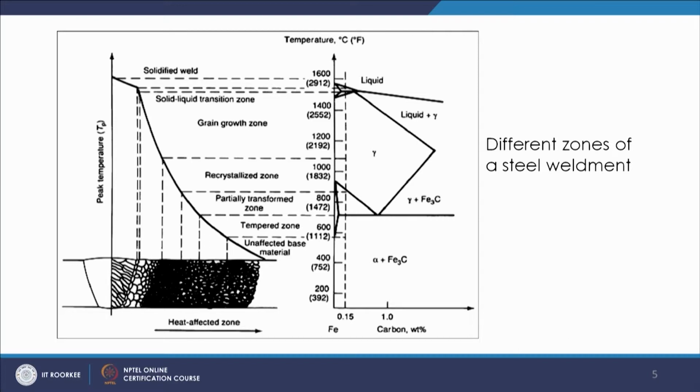So, if you map all these regions to the different temperatures, you can get an idea of the different zones formed in a steel weldment.